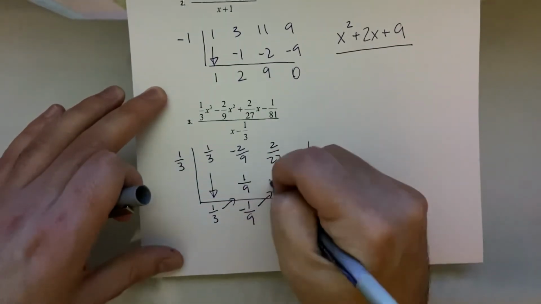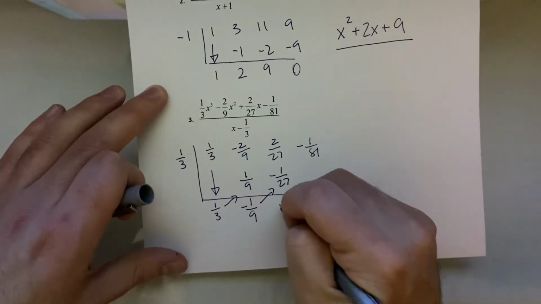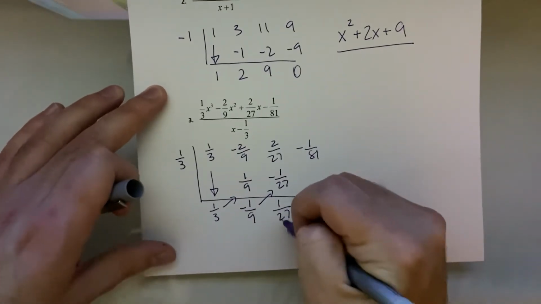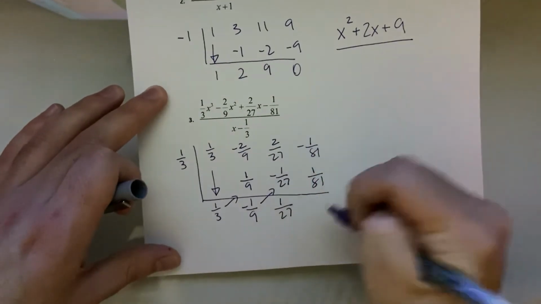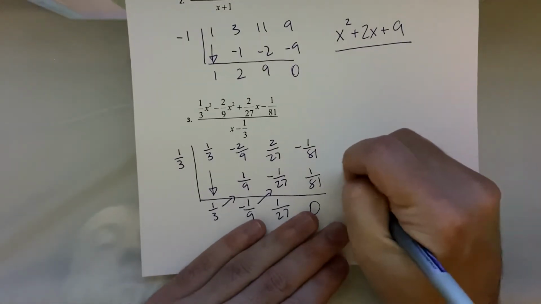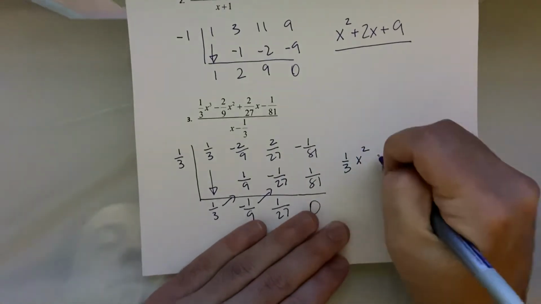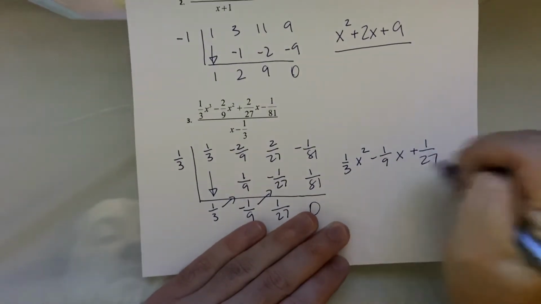Times 1/3 is negative 1/27. Again, common denominator is already there, so it's 1/27. 1/27 times 1/3 is 1/81. So this is 0. So my solution here is 1/3 x squared minus 1/9 x plus 1/27.